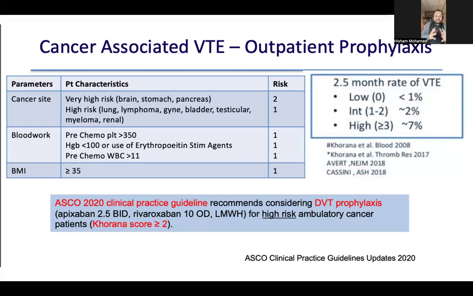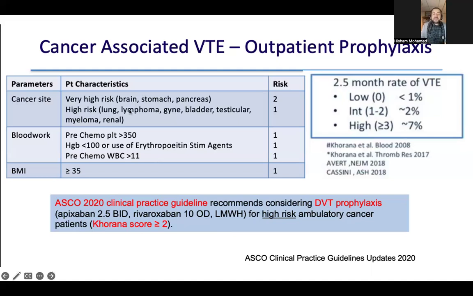This is like cancer, and in some cases during management of cancer, you feel you have to go for DVT prophylaxis. As per Canadian clinical practice guidelines, consider DVT prophylaxis, apixaban 2.5 BID, or apixaban 10 once daily, or low molecular weight heparin for high risk ambulatory cancer patients with a score of 2 or more.